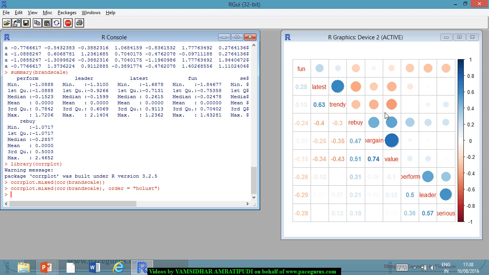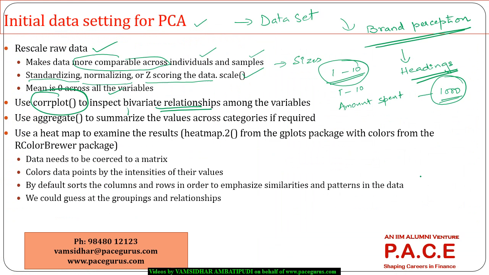And I could see similar things with respect to rebuy, bargain, value. They all carry a similar kind of scenario, so they are all more or less in this range. So the ordering can give us different kinds of patterns from the data. Performance, leadership, seriousness look like they have quite a good amount of correlation and interaction between them. All these things become easier when I am doing an hclust-based ordering of my correlation plot.